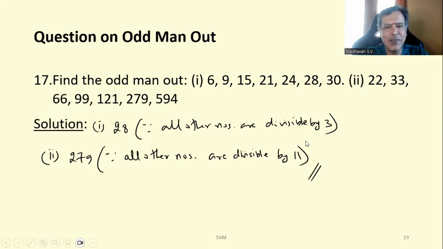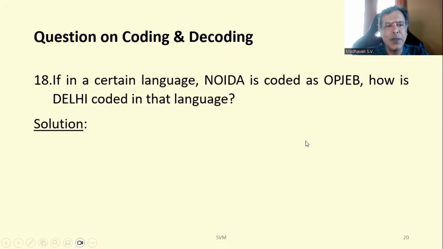Let us move on to the next. If in a certain language, Noida is coded as OPJEB, you may notice the first letter O is the next letter in the English alphabet after N. After O, P comes. After I, J comes. After D, E comes. After A, B comes. Which means the coding is done as the next letter to whatever letter.